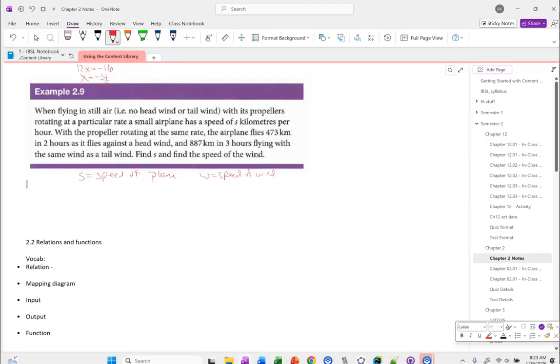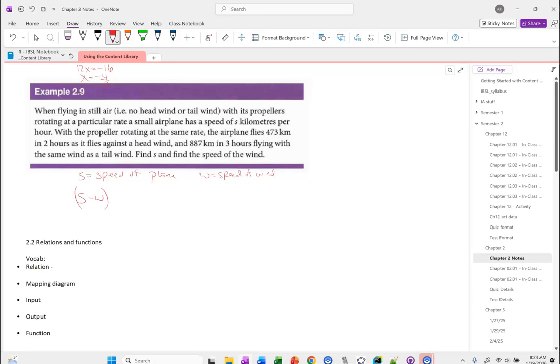So if I'm flying against the wind, is the wind going to be slowing the plane down or speeding it up? Slowing it down. Right?